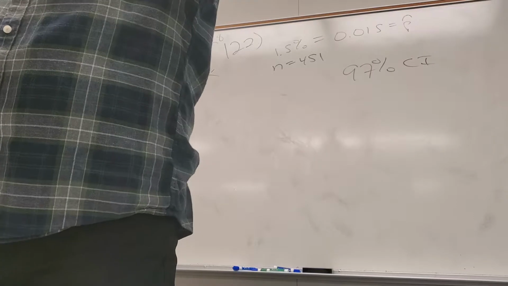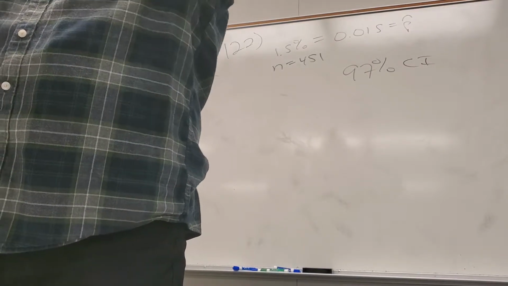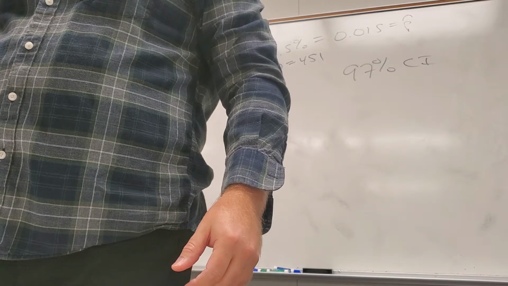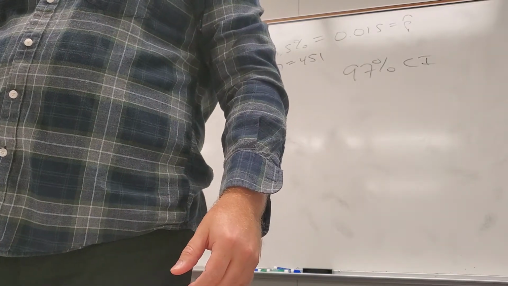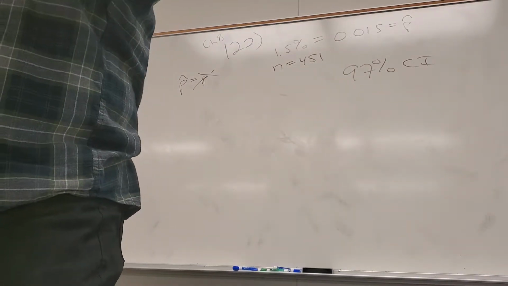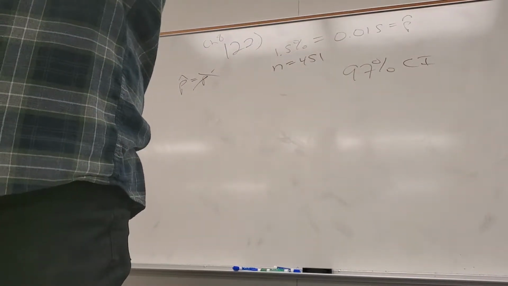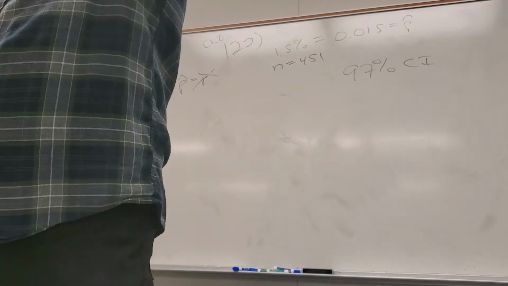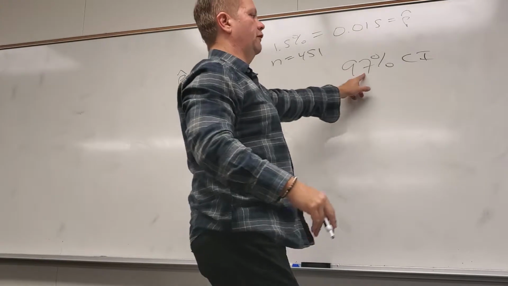So the z-score comes from how confident I want to be, because the z-score is how far out to go. So how do I find this?